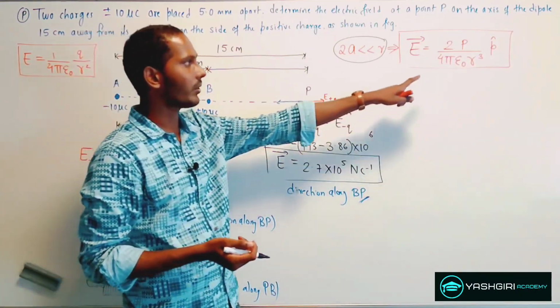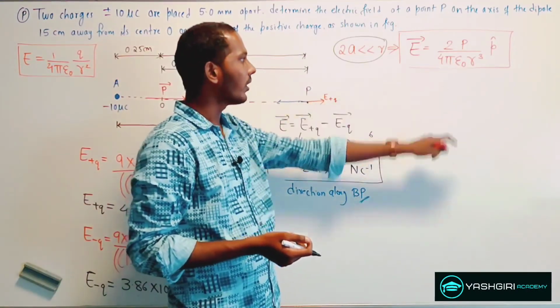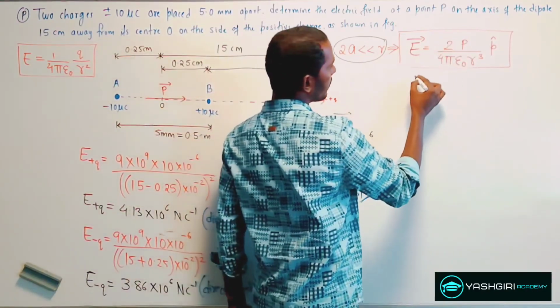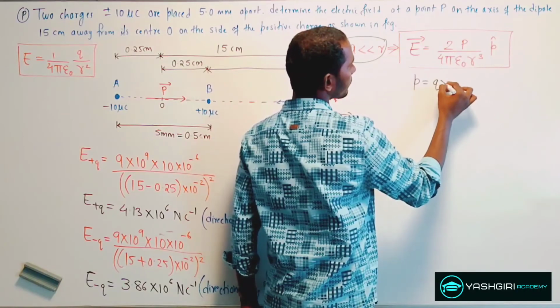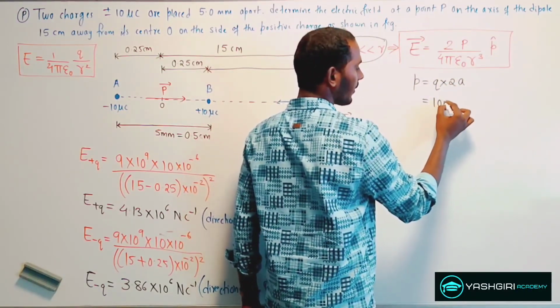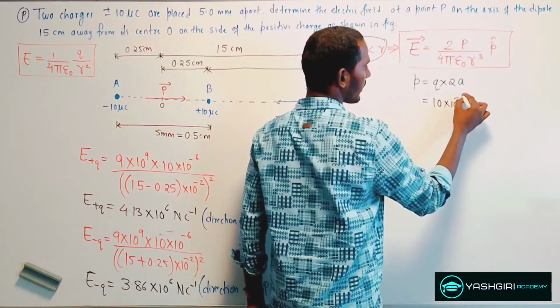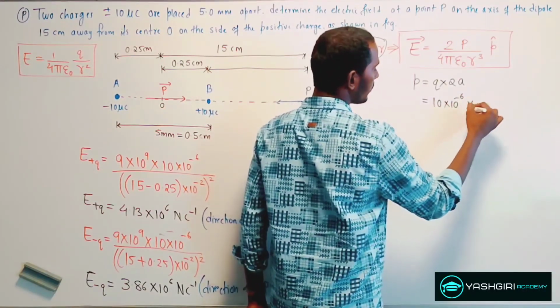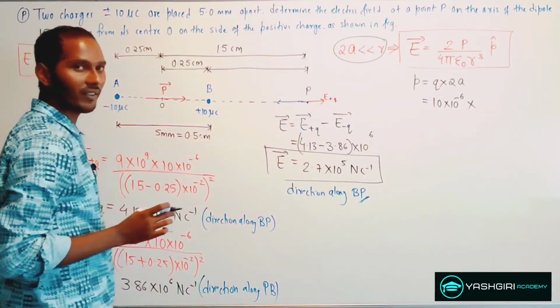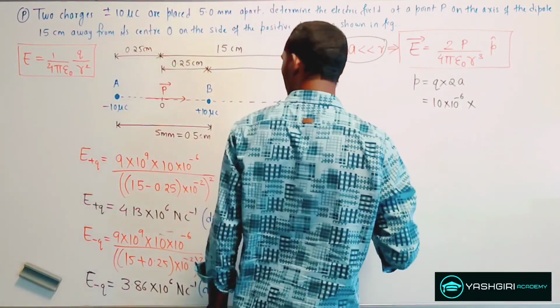So in that case, you can make use of this relation, and if you just substitute this, here the dipole moment p is nothing but q into 2a, and the value of q is 10 raised to minus 6 microcoulomb, into 2a, that is this distance 0.5 centimeters, correct?